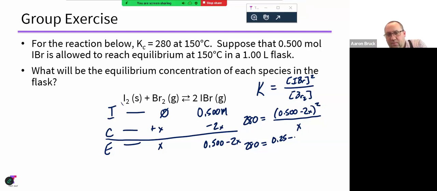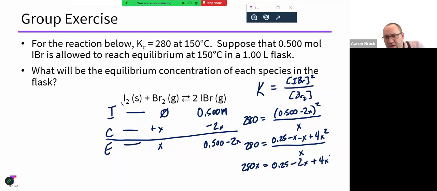So that would be minus x, then minus x again for the other side, and plus 4x squared all over x. I'm going to move the x to the other side, so 280x is equal to 0.25 minus, let's put those x's together, 2x plus 4x squared.